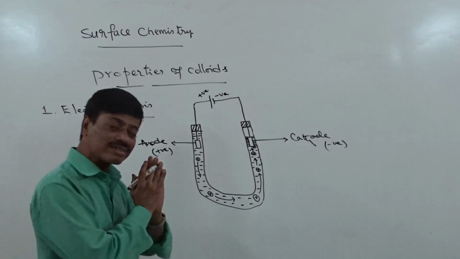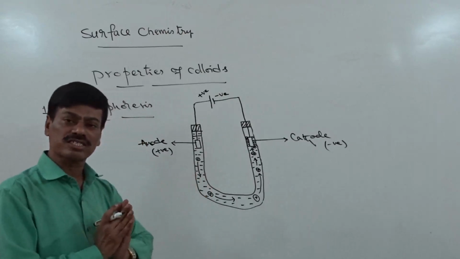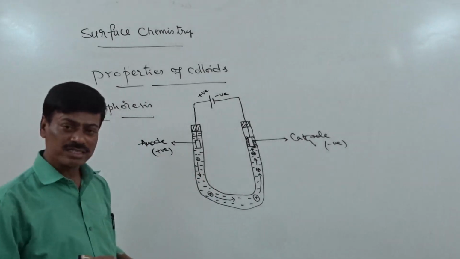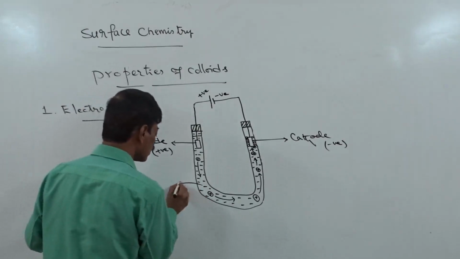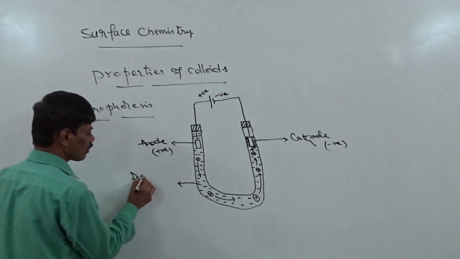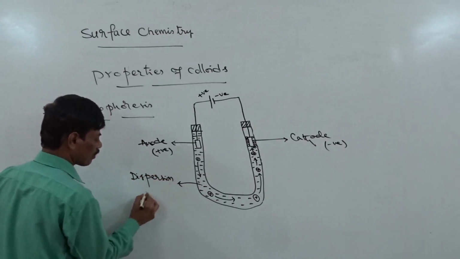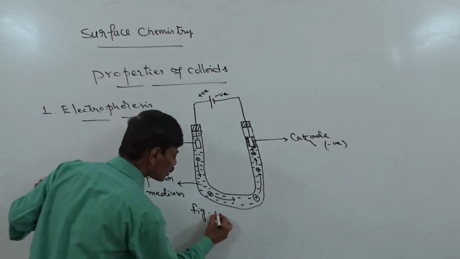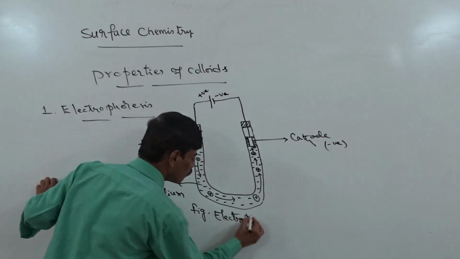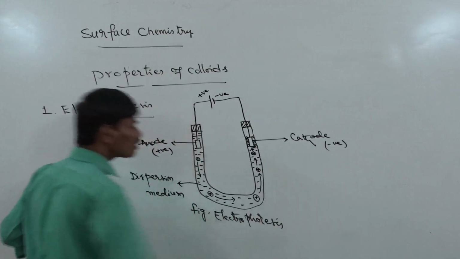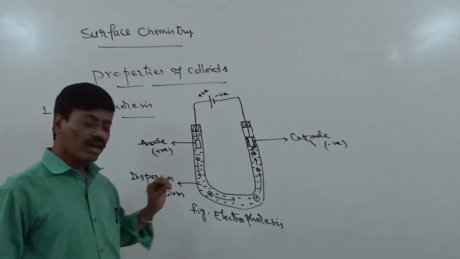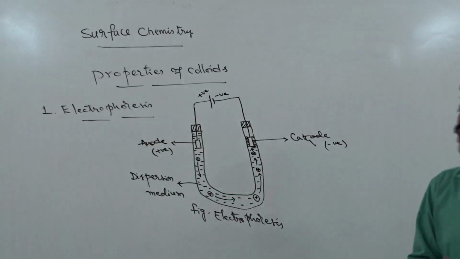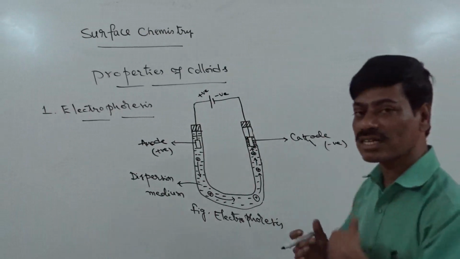We need to show at least one sort of particles with a particular charge and its movement towards an electrode with opposite charge. And this is dispersion medium. So here this figure represents electrophoresis, wherein the particles with a specific charge will move towards the oppositely charged electrode.